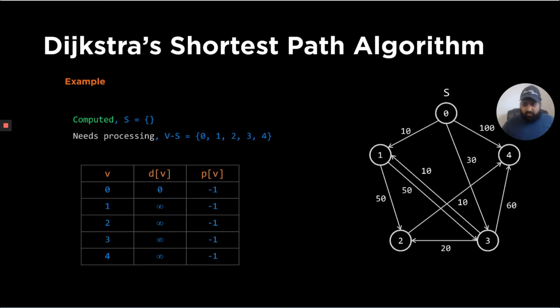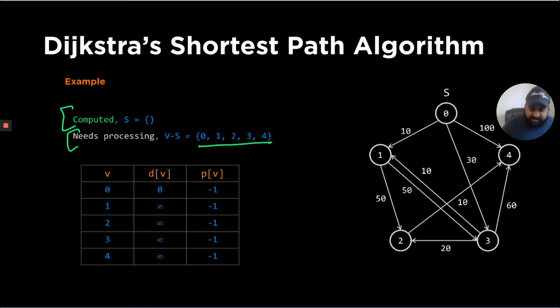So let's see the complete example of how this is going to work. Initially we have the set S that contains no vertices. Then we have V minus S, which we call the need processing set, so that contains all the vertices.